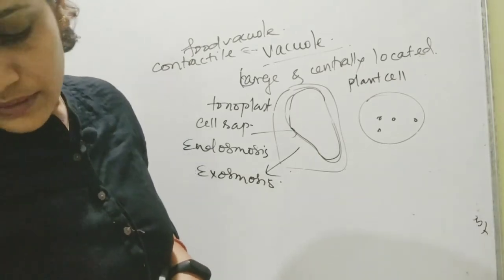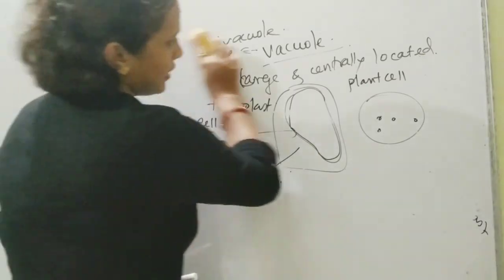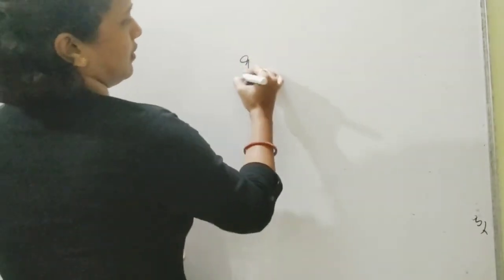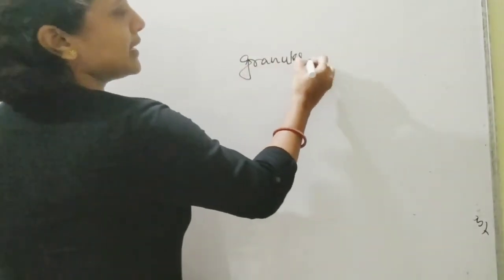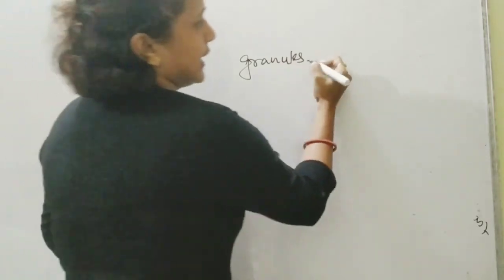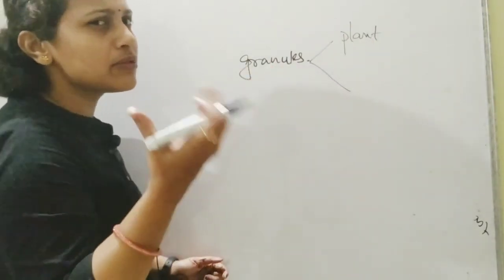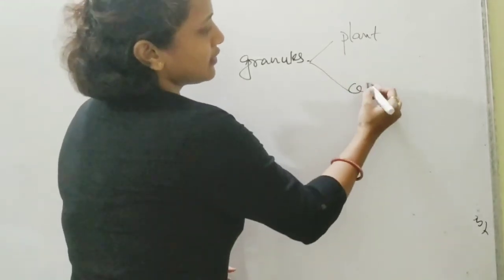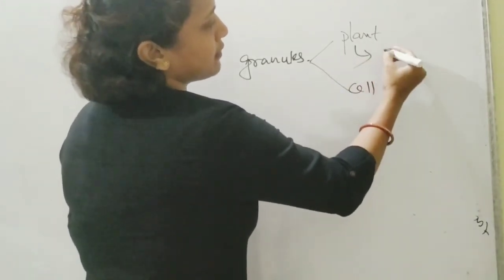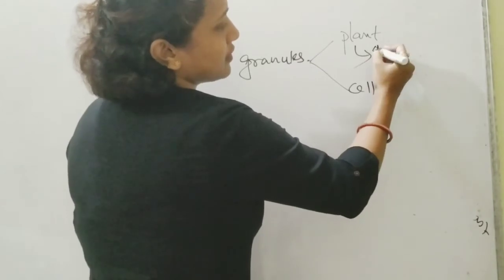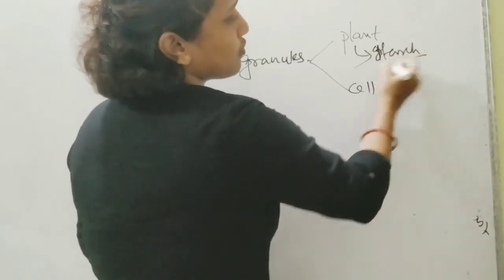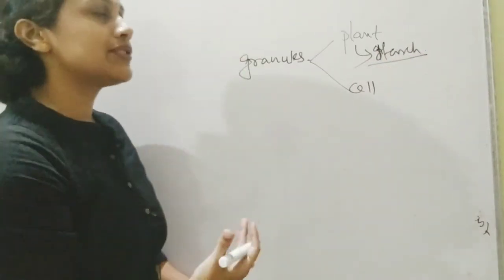Now coming to granules. These granules are present in the cytoplasm itself, no doubt. In plants, they are basically associated with food, with storage, the nutrition content. In the case of plants, you find starch granules, because starch is the storage form of polysaccharide that you find generally in plants.